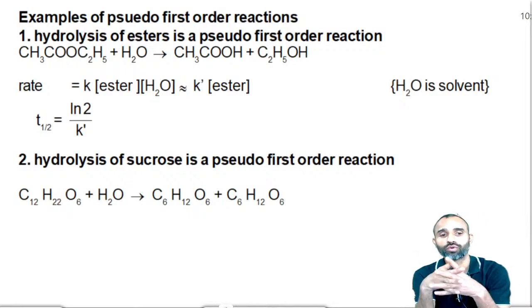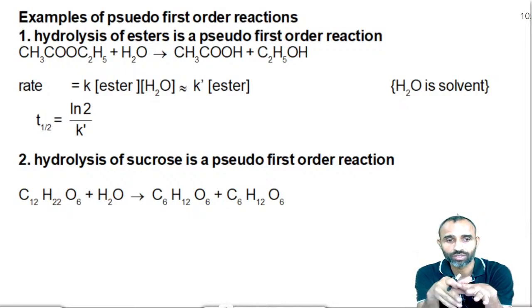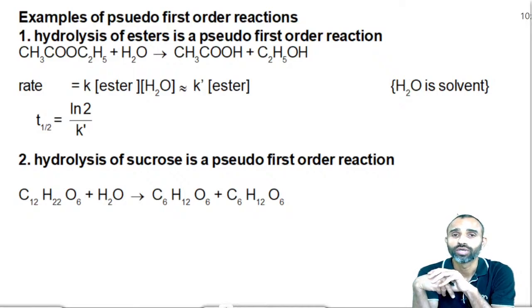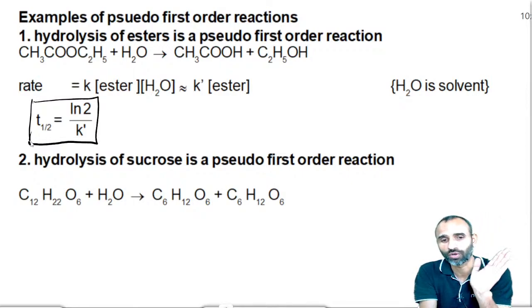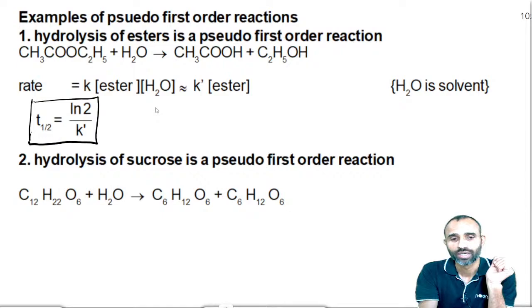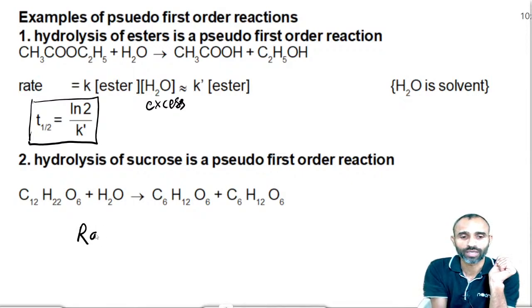Examples of pseudo first order reactions, the main examples, are hydrolysis of esters and hydrolysis of sucrose. They are pseudo first order reactions, and it behaves like first order and follows first order kinetics. Here water is in excess. In this case again water is in excess.